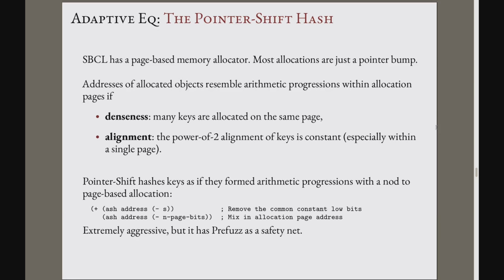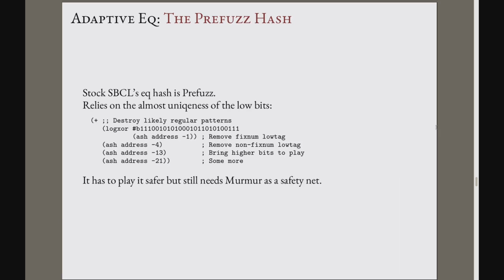That's all it does: 2 assembly instructions for shifts and 1 plus. You cannot really get much simpler than that, although I tried. But this is so aggressive that it obviously needs some safety net to catch it, which I described. So we switch to prefuzz if the number of collisions starts to pile up.